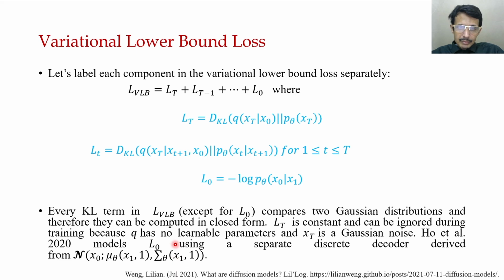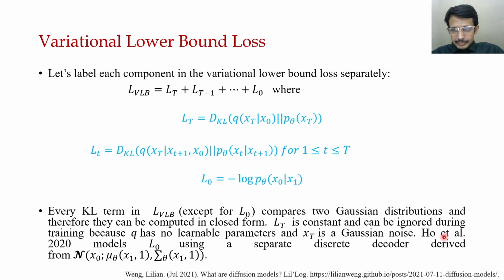From this paper, every KL term in this VLB loss except L0 compares two Gaussian distributions, and therefore they can be computed in closed form. LT is a constant and can be ignored during training because q has no learnable parameters, and xT is Gaussian noise.